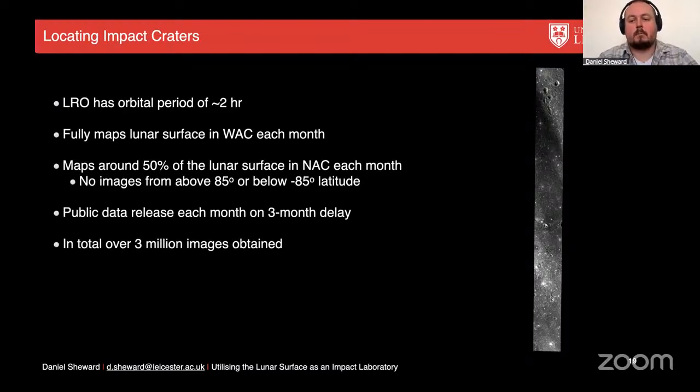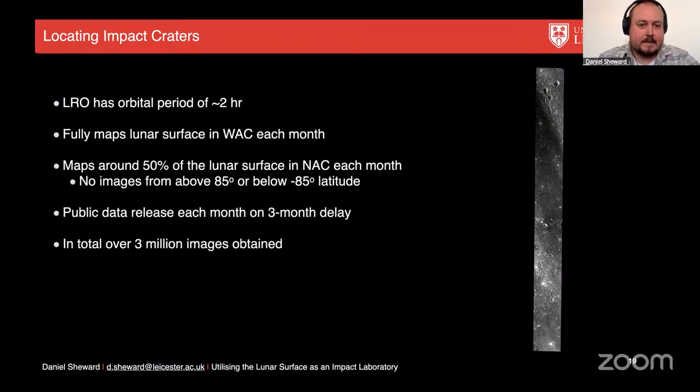So we don't get a lot of information past those ranges, but within the main bulk of the moon, we get a lot of high resolution images. And these are released publicly on a 3-month delay every month. So in total, over 3 million images have been released from this satellite.